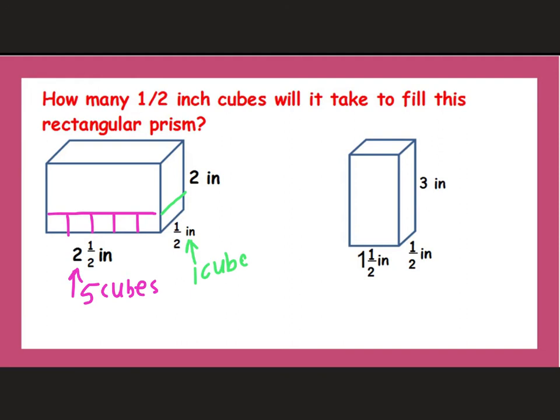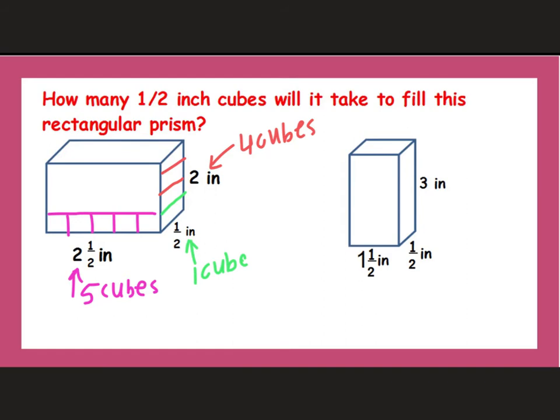So we have to figure out how many 1/2 inch cubes can fit in 2 whole inches. So each cube, 1/2 inch, we can do 4 cubes in 2 inches. So if you take a look at each of those numbers, notice when they don't give us the cubes, when we have to figure out how many cubes fit in those inches, it is double the amount.